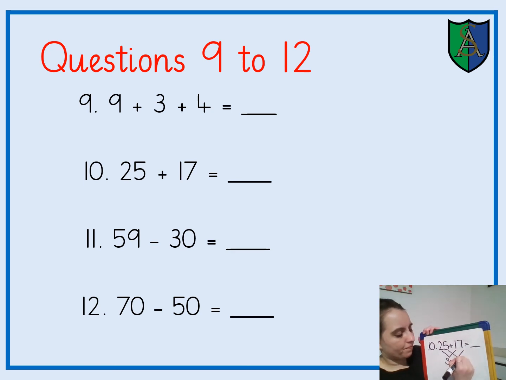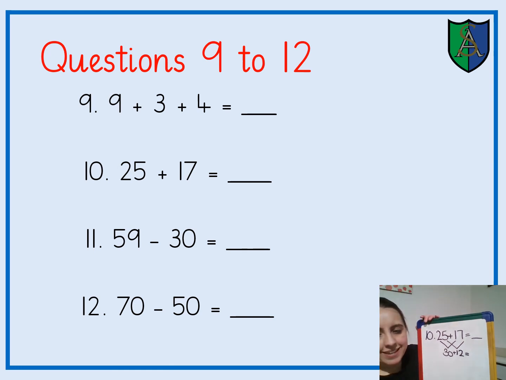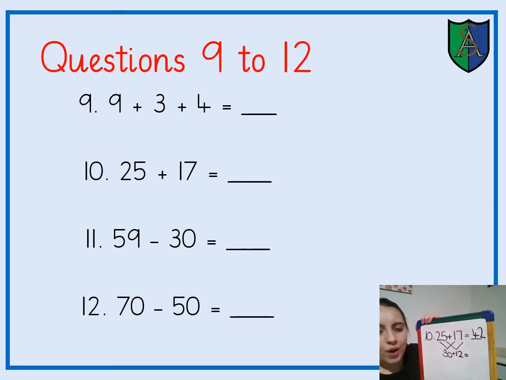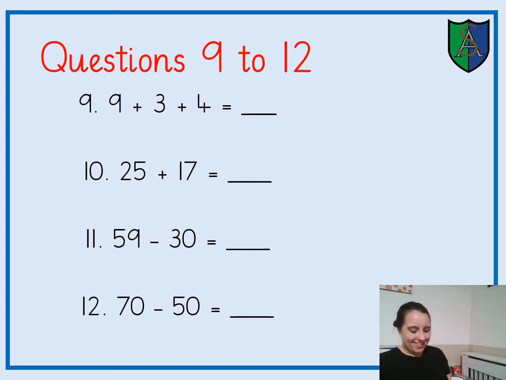Now the calculation becomes a little bit easier, doesn't it? Because here we've got 30 add 10 add 2. So 30 add 10 is 40. Then we add 2 more, which is 42. So our answer is 42. Brilliant, you can give yourself a tick if you got that one correct.